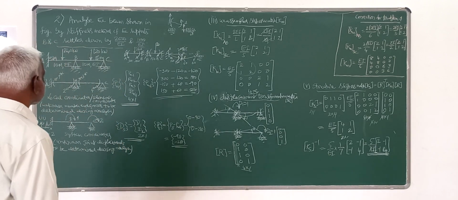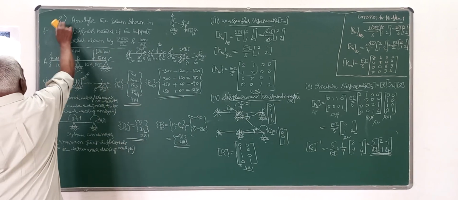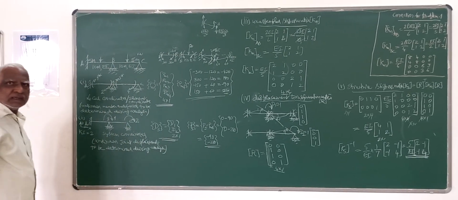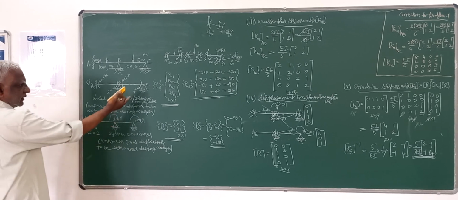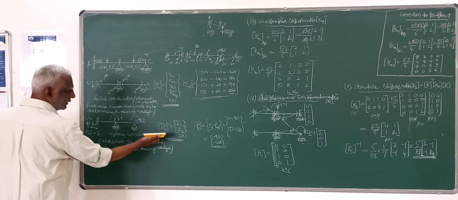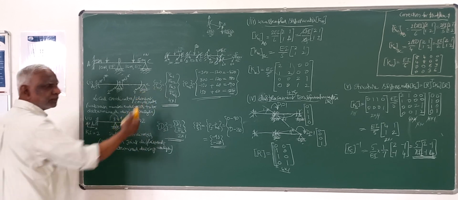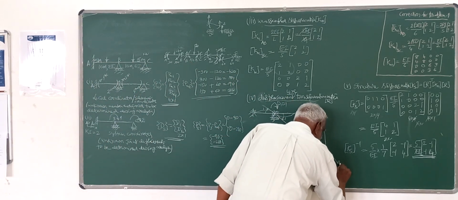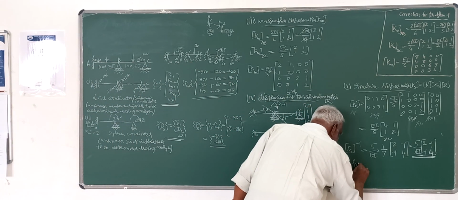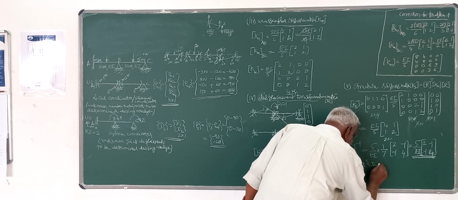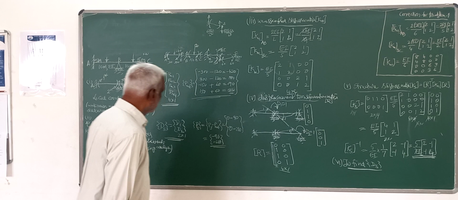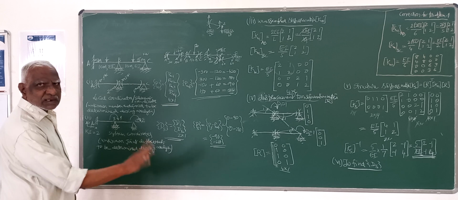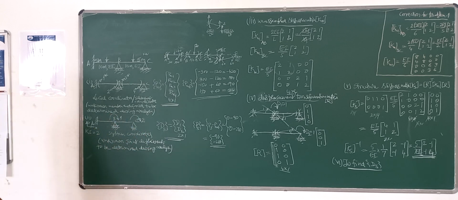Then the last two steps, 6th and 7th. You have to determine the displacement ds, because I have told what things are to be determined during analysis. One, we have to determine ds, another Pm. So in the 6th step, we determine the displacement, find ds, and in the 7th step we determine Pm, whereby the analysis is over.